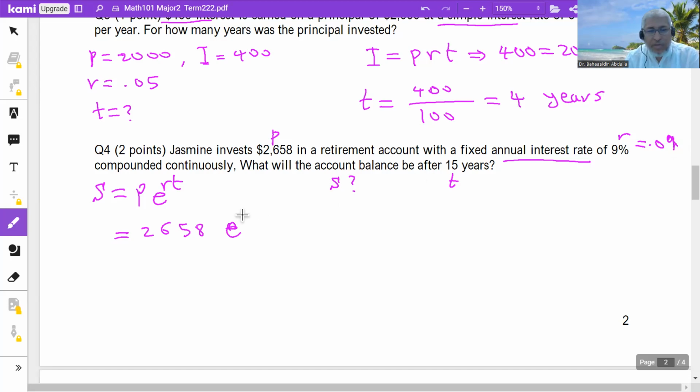So it's 0.09 times T, the number of years, which is 15. Now, if you use the calculator and multiply this number, you will get the answer: the balance would be $10,253. Okay.